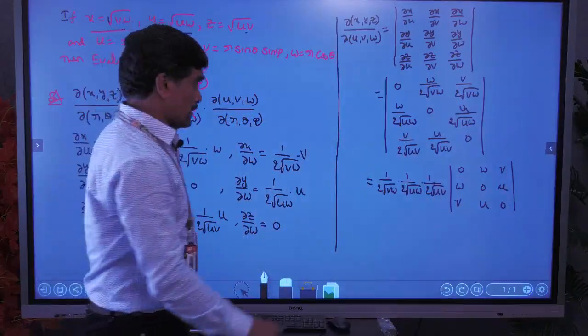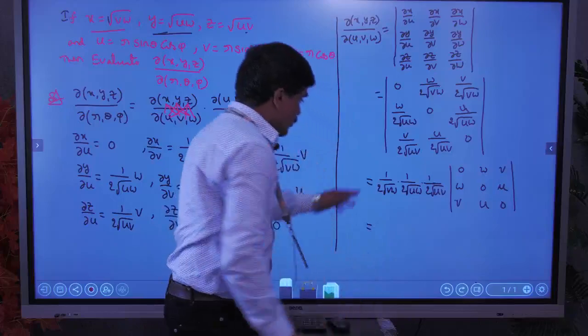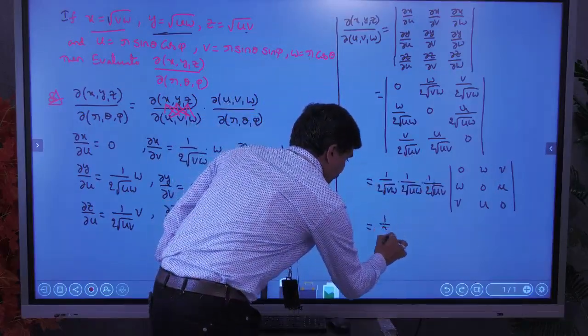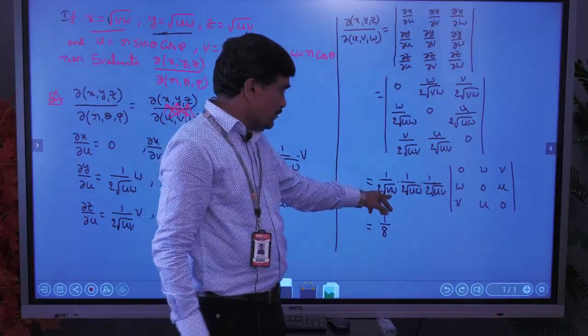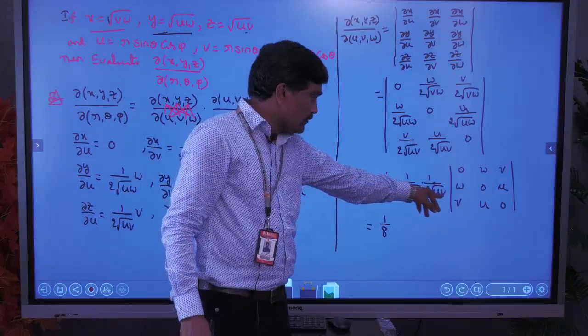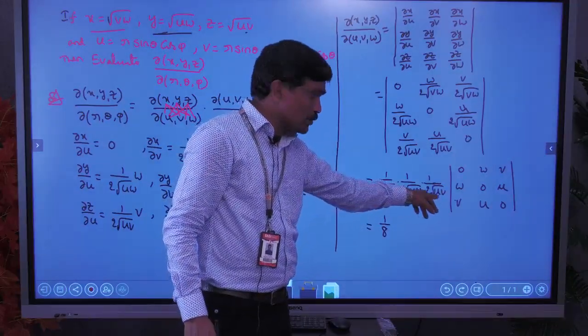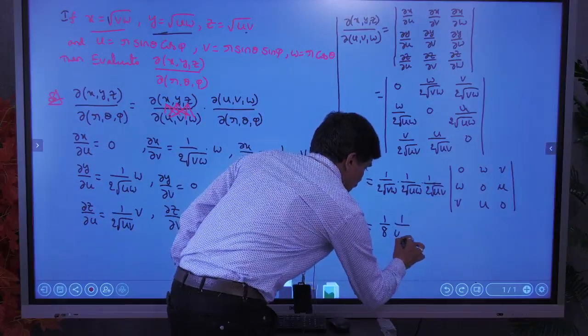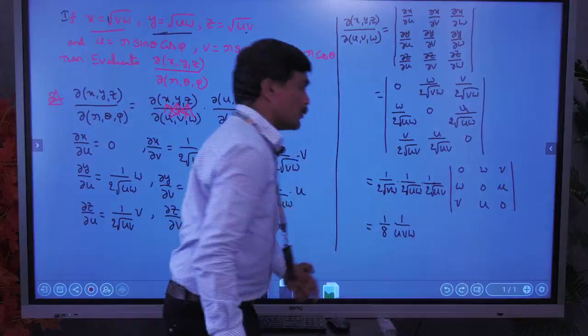So now calculate the determinant value. First of all, 1 by 2, 1 by 2, 1 by 2, clearly we get a product of 1 by 8. Then √v, √v, √w, here √v, √w, here √u. So finally the roots cancel, and what we get is uvw, right?